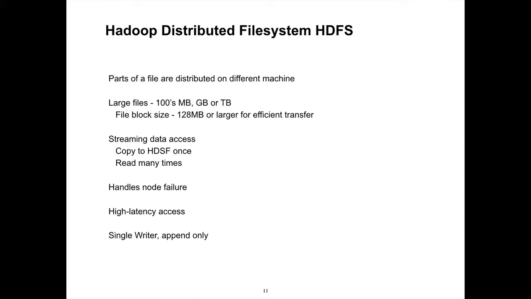And a typical value? Yeah, so it's like 512K, right? The default in Hadoop file system is 128 megabytes for block size.